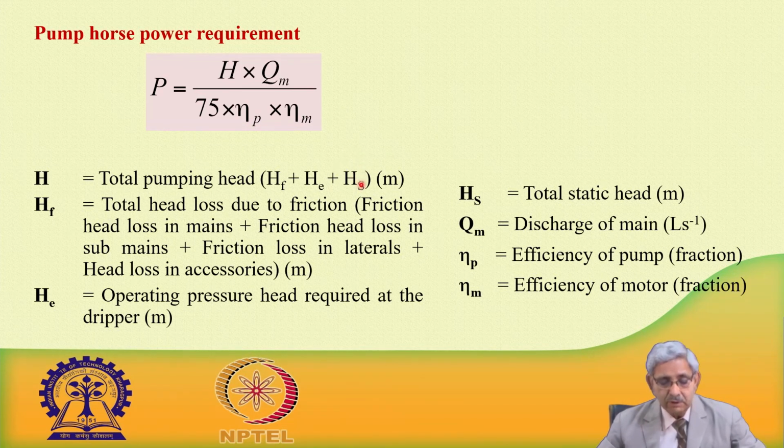I already discussed that when I was telling you about the selection of pumps. So, this H is computed when Q is known to us, and also the efficiency of the pump as well as the motor is used to compute the horsepower requirement of the pump.